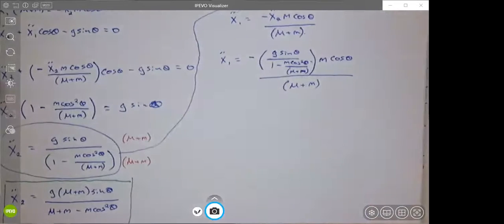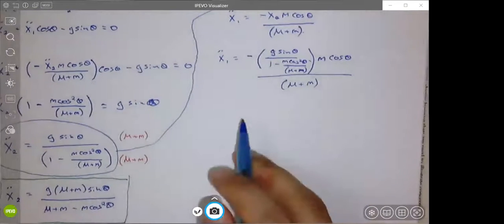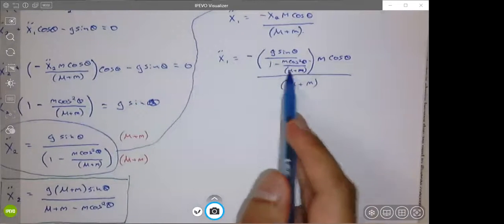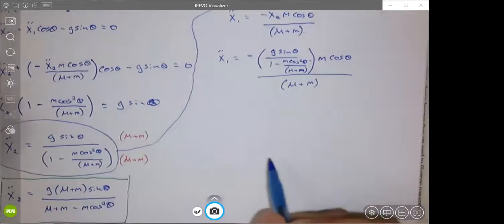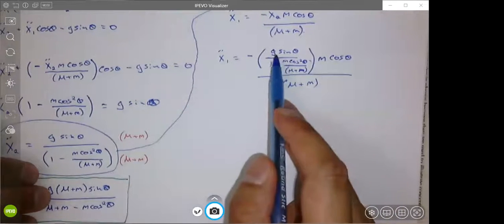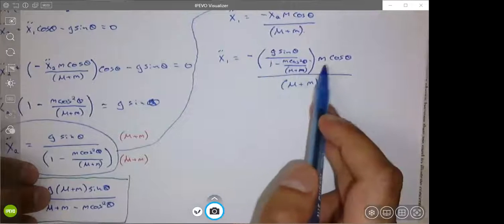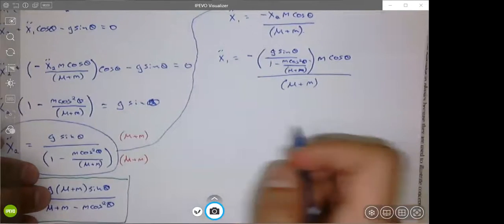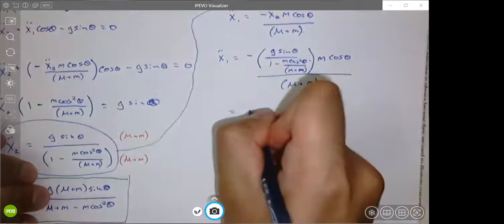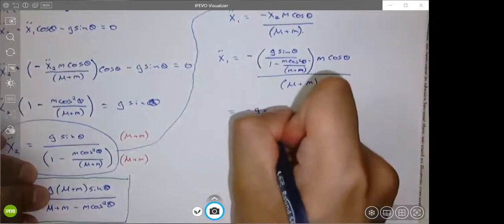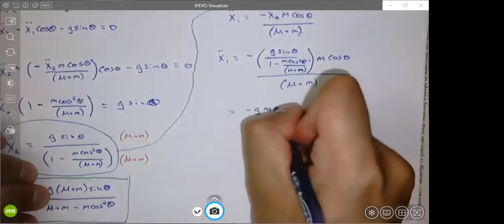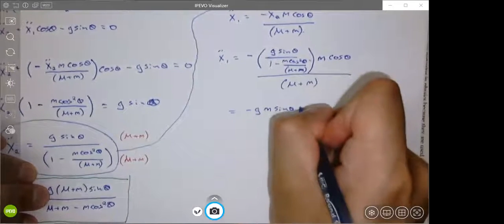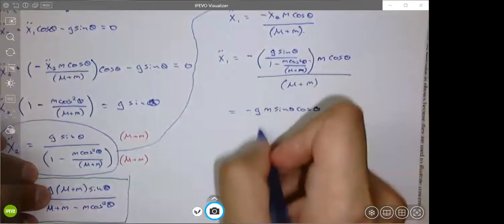So what is this going to become, this nightmare of a thing? Well, all of this term right here can be brought to the denominator, so that's kind of nice. And then we're left with negative g sine theta m cosine theta. So we'll write that as negative g times lowercase m sine theta cosine theta.